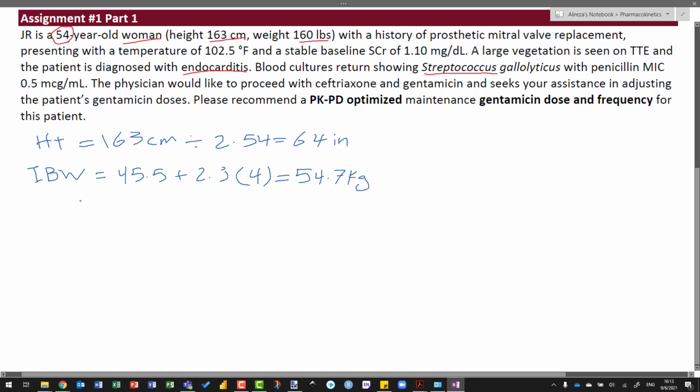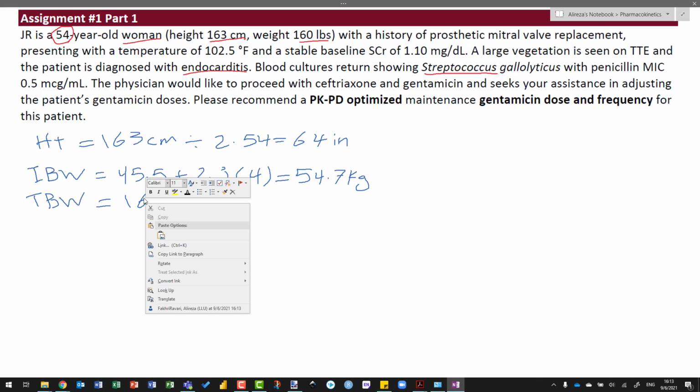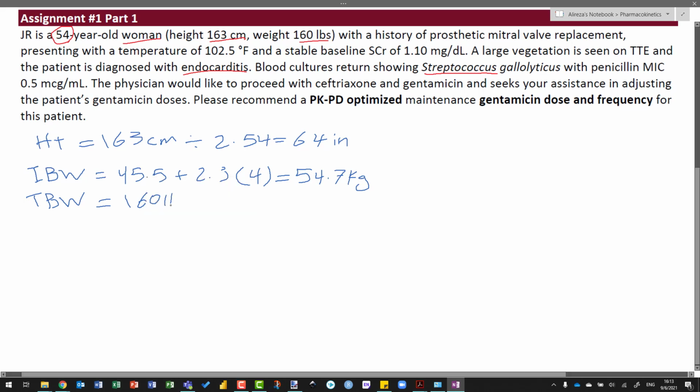Now remember the total body weight was given, which is 160 pounds, and we can convert to kilograms. If you just divide by 2.2, that gives you 72.7. Now the total body weight is more than ideal body weight.